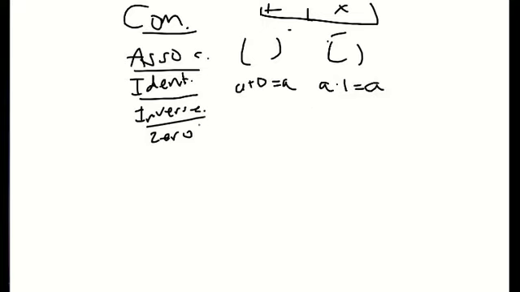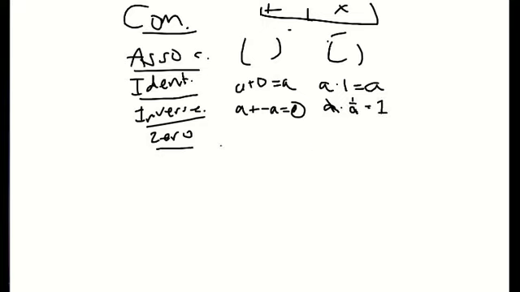The inverse property means if you add the negative of a number, you're going to get 0, and that's going to negate it. But if you're going for multiplication, you're going to go for 1 over a. So you're going to take the number, put it beneath the 1 in a fraction, and that'll cancel these two out, leaving you with just 1.